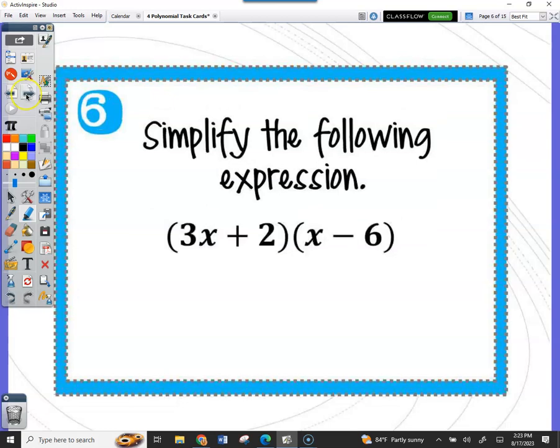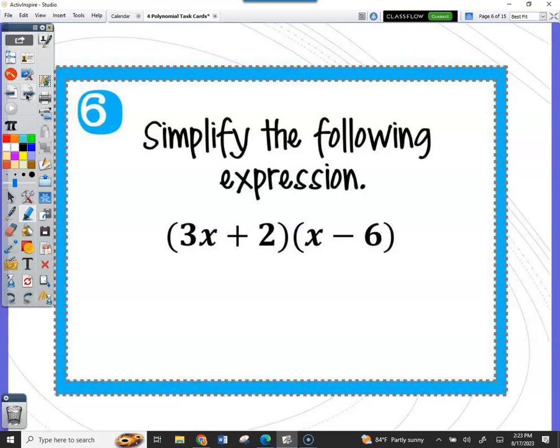Number 6. That is multiply. You got a parenthesis backed up to a parenthesis. That one's multiplying. We would multiply that out. You have the freedom of choice of using the box method or the split and repeat method.